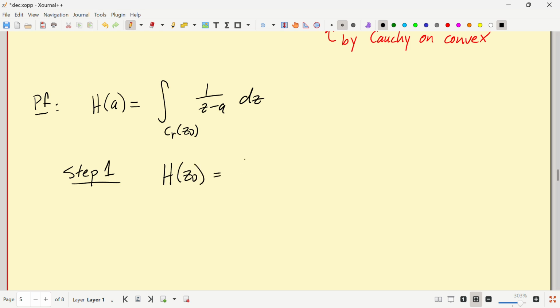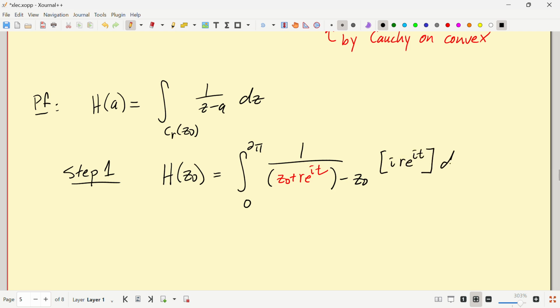That would be, by definition, the integral from 0 to 2 pi, 1 over z naught plus r e to the it, minus z naught. And then the derivative of the parameterization is i r e to the it dt.